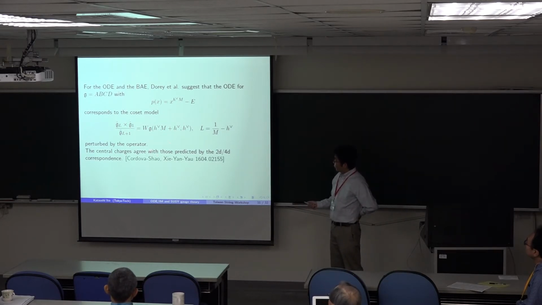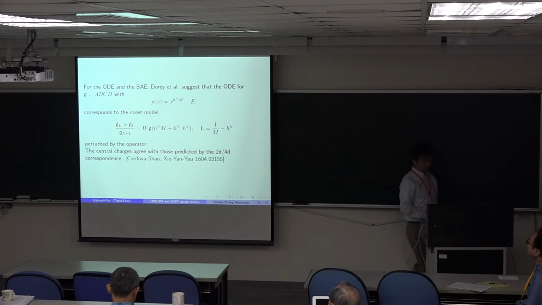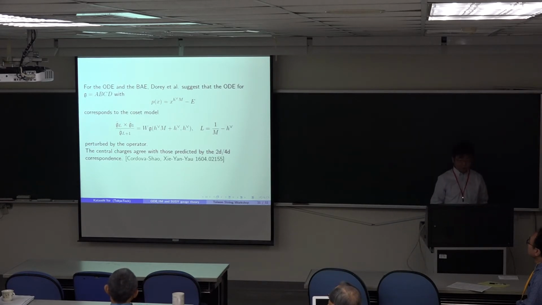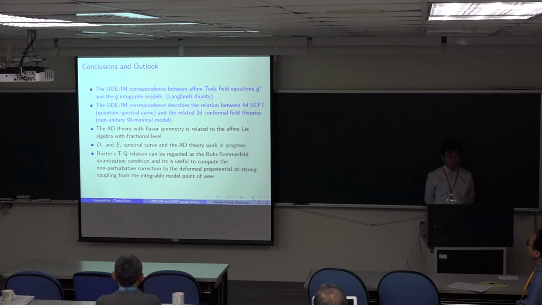This actual central charge agrees with what was predicted by the 2D/4D correspondence by Gaiotto et al. So this is the last slide, and we have argued that there is an ODE/IM correspondence between affine Toda field equations, G hat and G hat integrable models.